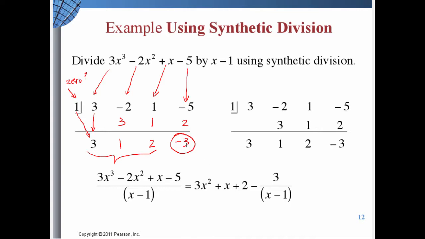Then we take our last number, -3, and put it over our divisor to give us our remainder term. That's where the -3 over quantity x minus 1 comes from. And that's called synthetic division. We use synthetic division a lot when we're looking for roots of polynomial functions, verifying whether things are roots or not, and we have some other things that we can use synthetic division for as well.